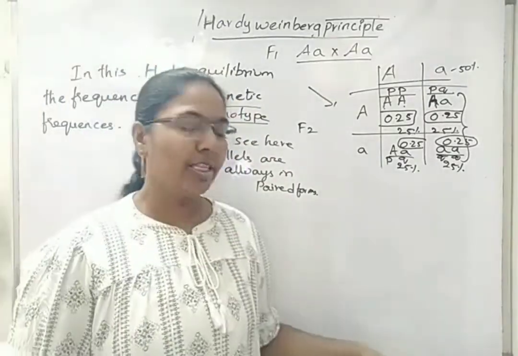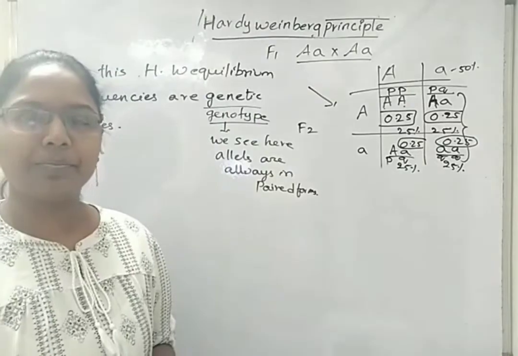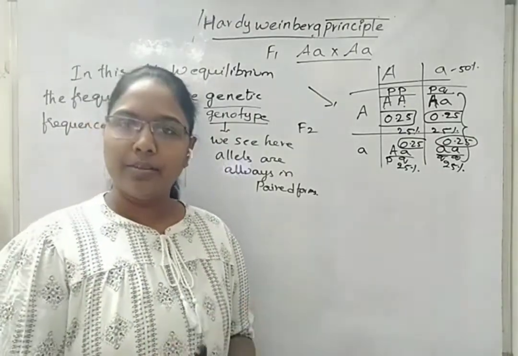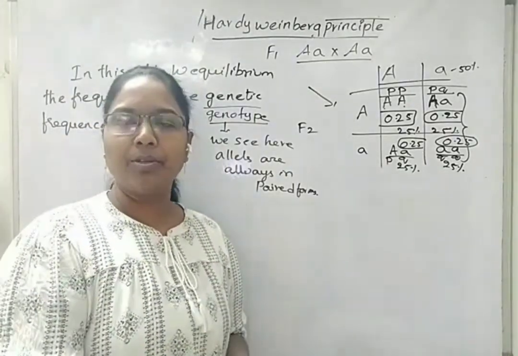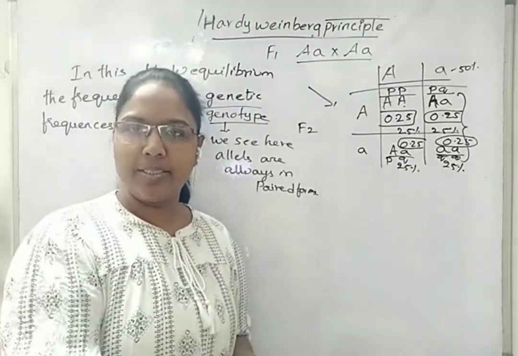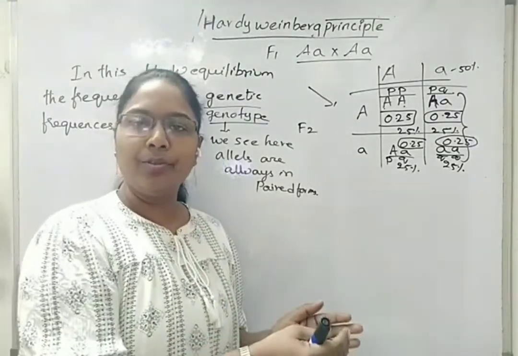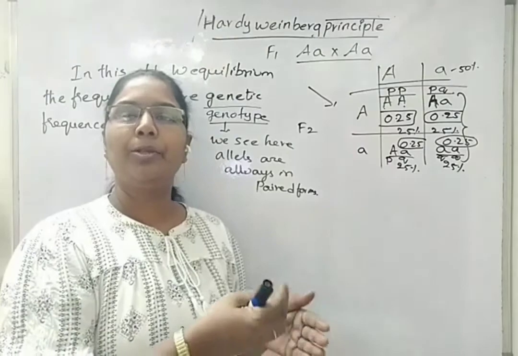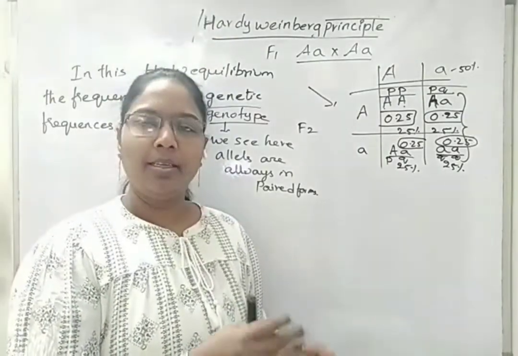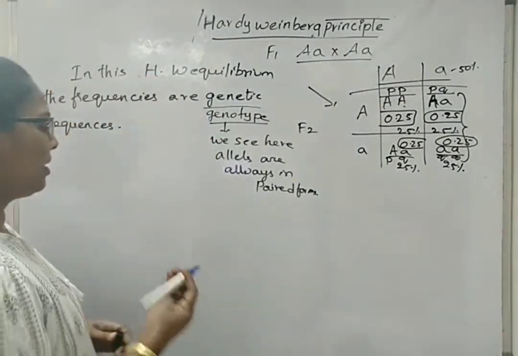Next one, genetic drift should not be there. Genetic drift in the sense, from a population, if few number of organisms have exited out and developed a new population at another place, that condition is called genetic drift.